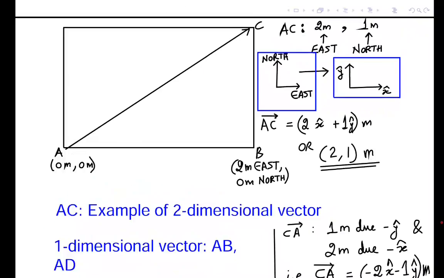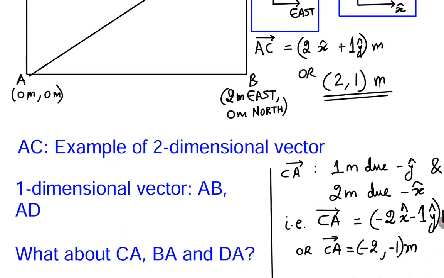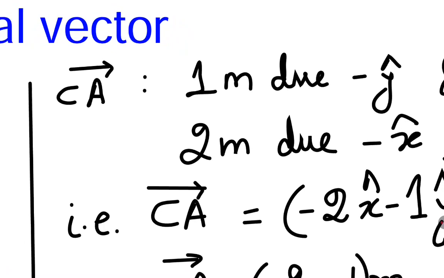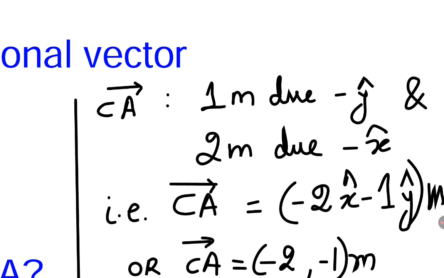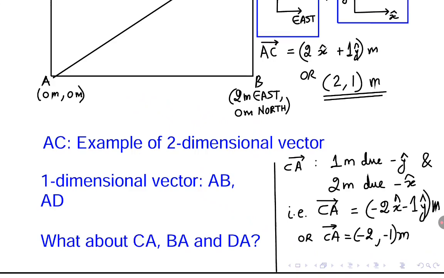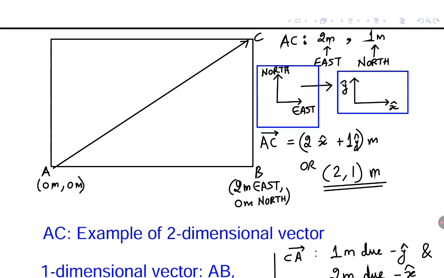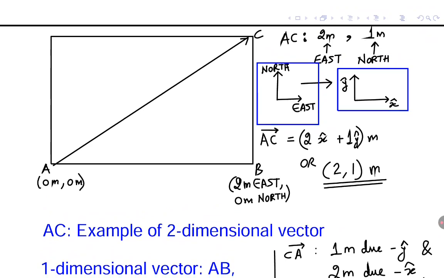So if I tell you to move from C to A, we will talk about the CA vector. We have moved from C to B along the minus y cap direction 1 meter.